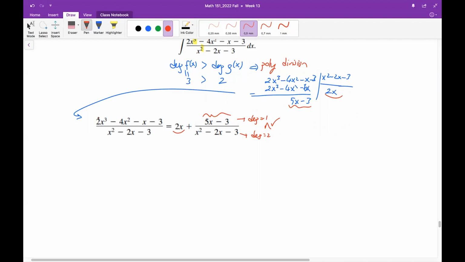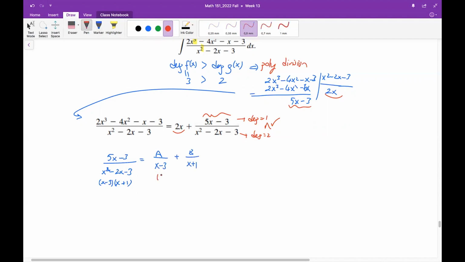So to integrate this whole thing, you need to understand this part. 5x minus 3 over x squared minus 2x minus 3. Okay, look at the denominator. This denominator can be written as x minus 3 and x plus 1. That's why you can decompose it as a over x minus 3 plus b over x plus 1.